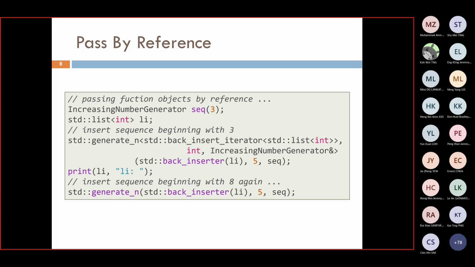The syntax is horrible. So what am I doing? Remember, generate and all of the standard library algorithms are function templates. So they have certain template parameters. And if we look at some of the code that we had written earlier, we had what is called implicit instantiation.